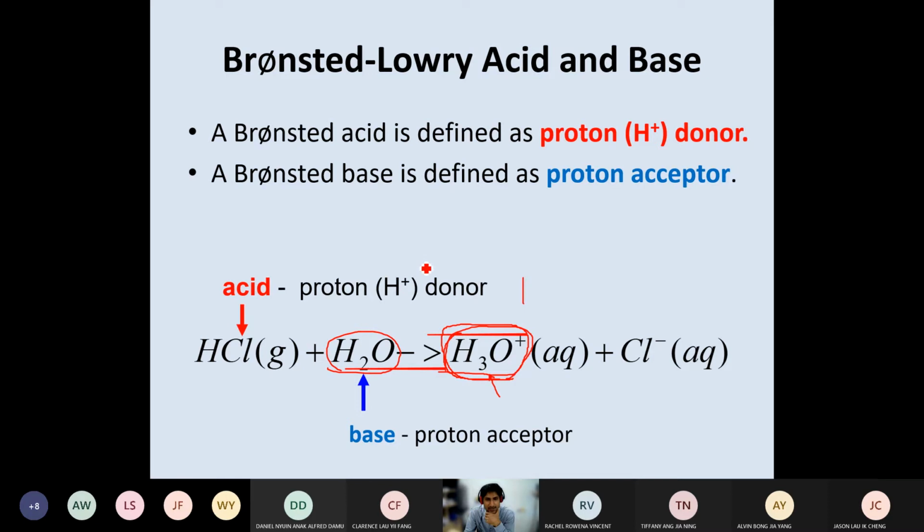Now, do you see that this is having one excess amount of hydrogen in it, O plus, and since it is a plus, it is not very stable, but it is able to donate one hydrogen and becomes H2O, goes back to its original position.